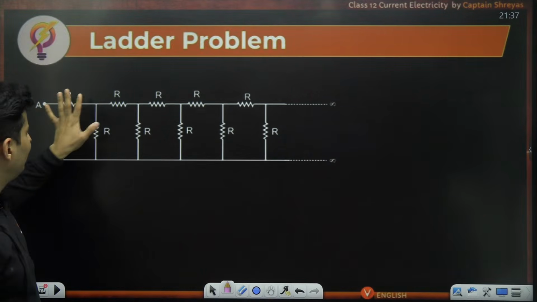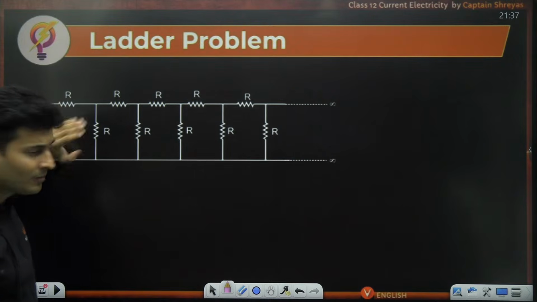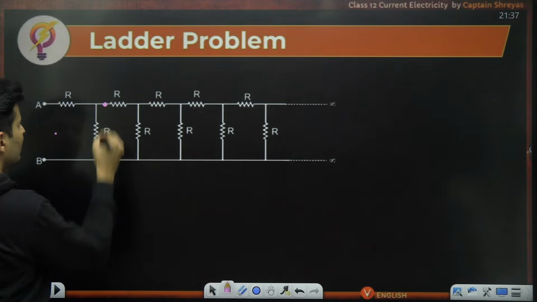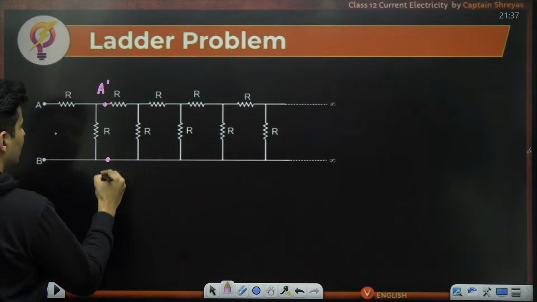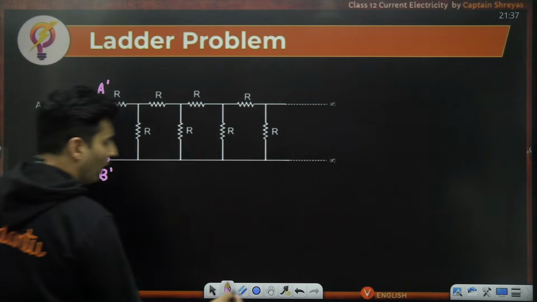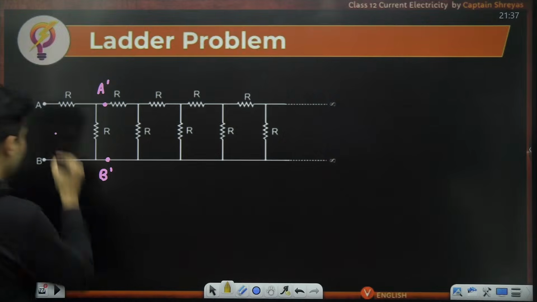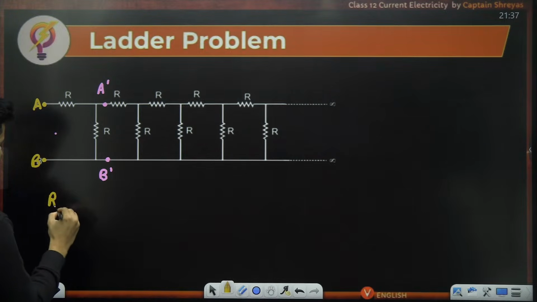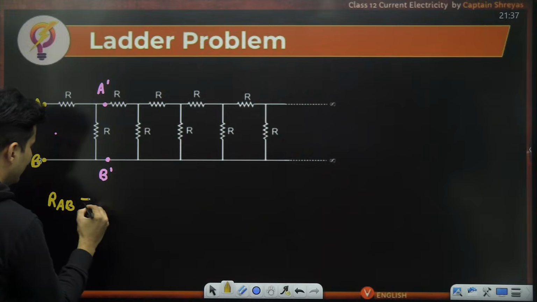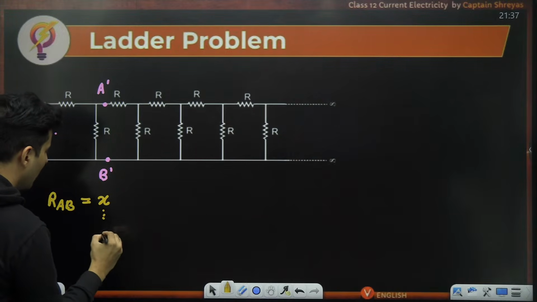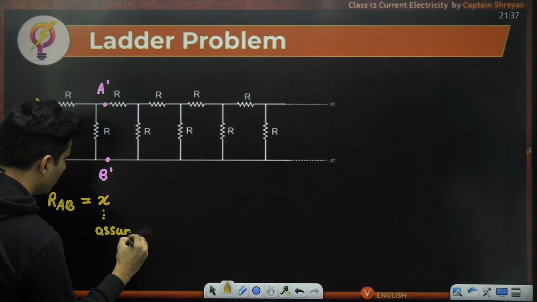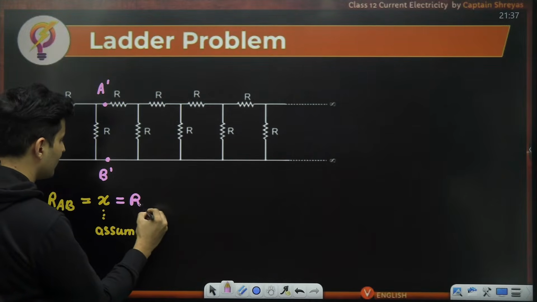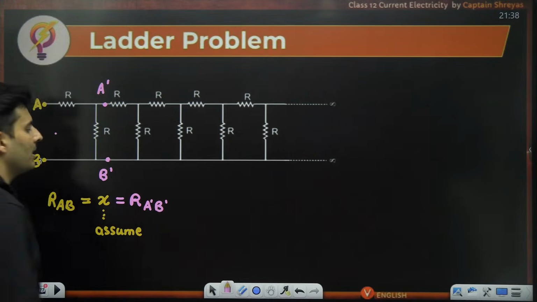If you forget the first part which is getting repeated, notice this point and this point. If I call this A prime and this B prime, whatever is the resistance between A and B, let's say I assume it to be X. That is also going to be the same resistance between A prime and B prime.